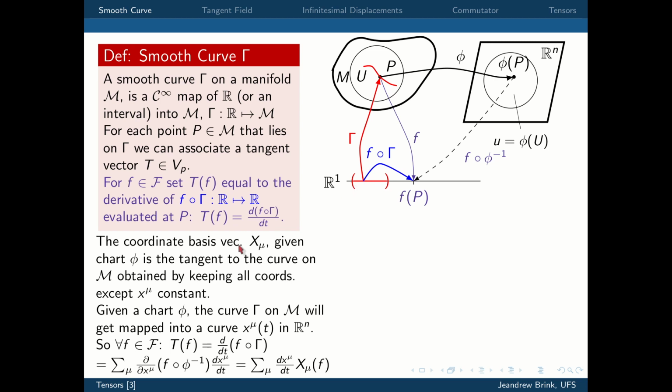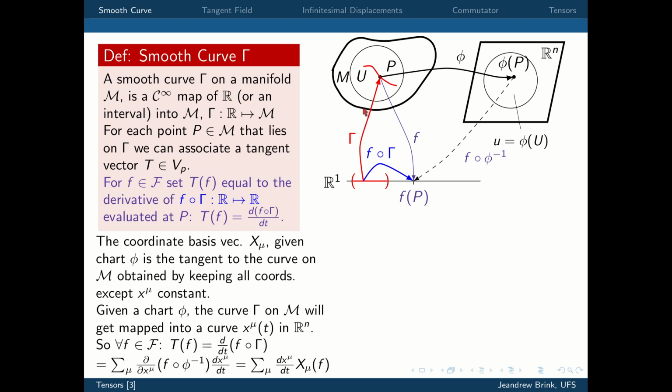Okay, so the value that the tangent vector gives back, we can compute by taking the derivative of the function that is constructed by taking a part of the interval of the reals to the manifold and then mapping it back by any arbitrary function to the reals.